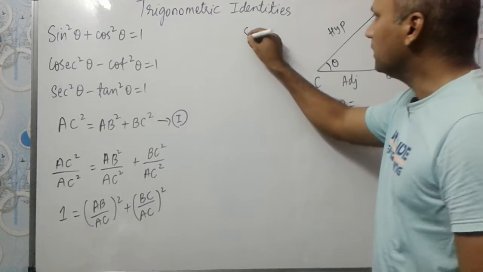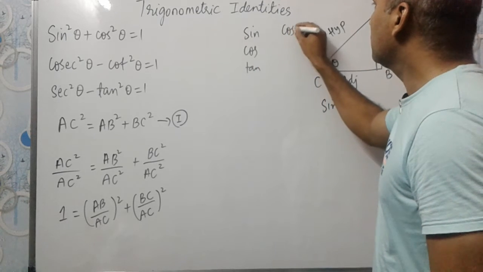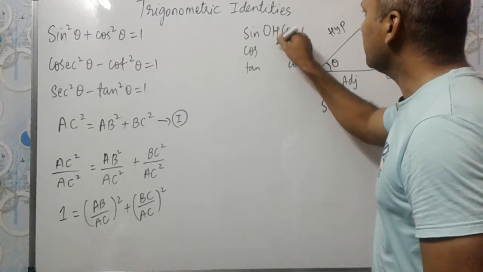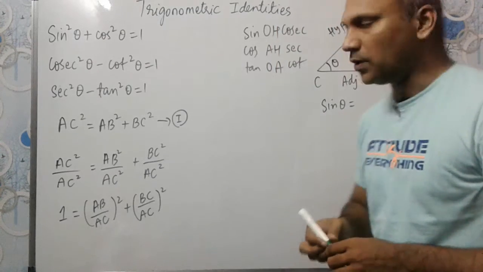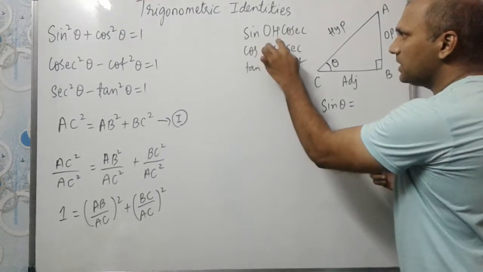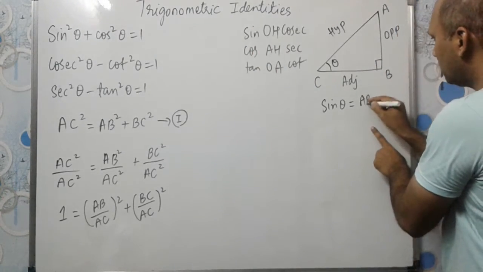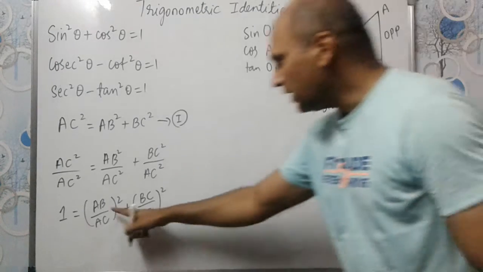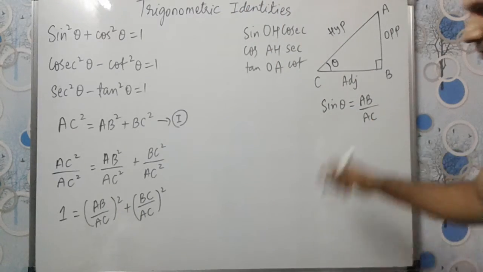We learned the formulas: sin, cos, tan, cosecant, secant, cot is old hero and his old acting. I told you to remember the formulas like this. Sin is opposite divided by hypotenuse. Opposite here is AB, divided by hypotenuse AC. So AB by AC is sin theta.